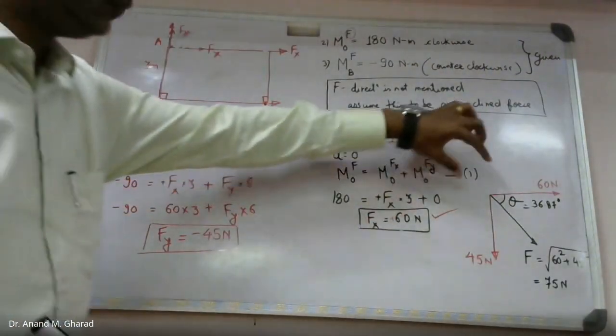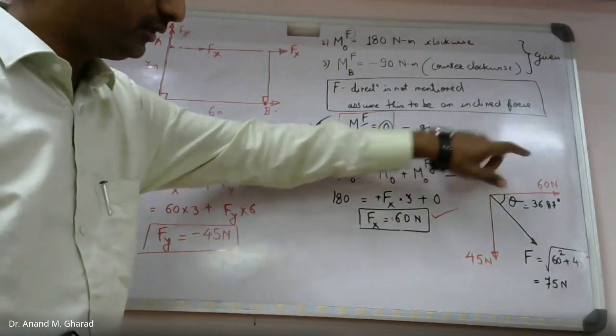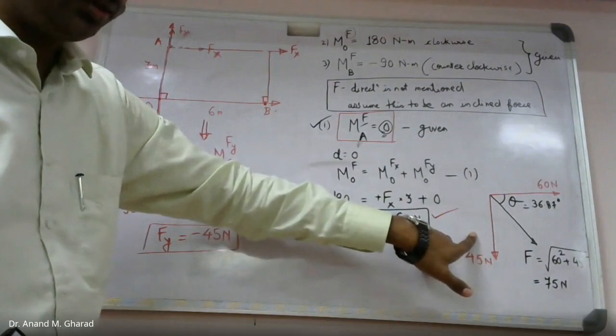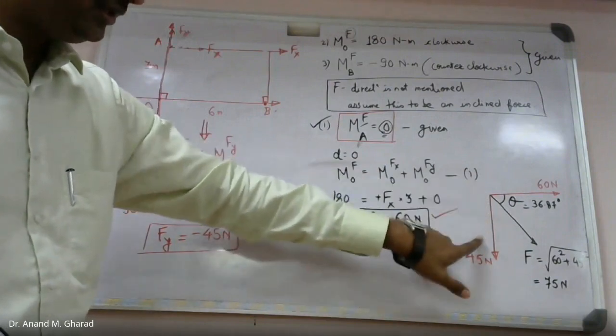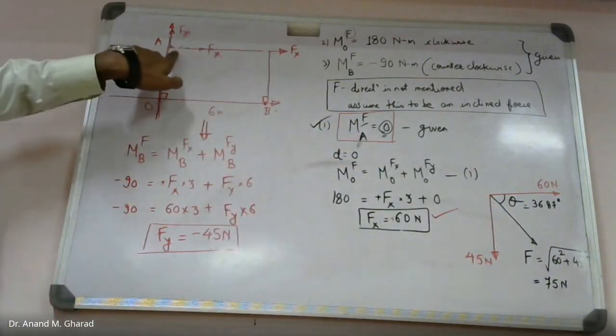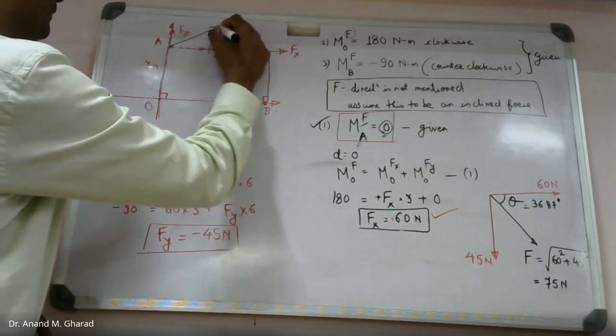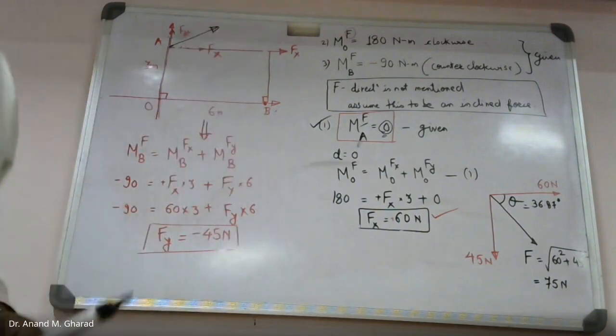So whatever was our assumption related to Fx, it was correct, but the assumption for Fy was wrong, and basically the direction of this force, which will be acting at this point A, will not be what we had anticipated, but it shall be now like this.